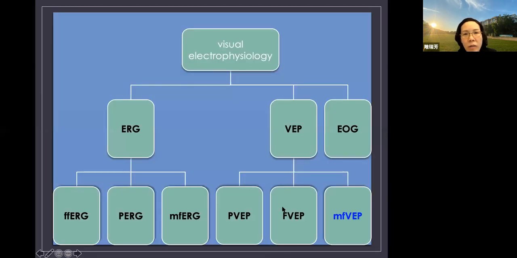When we mention visual electrophysiology, it's not one thing; it's a group of examinations we need to choose and think about.